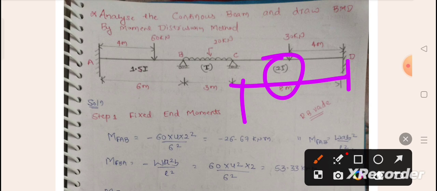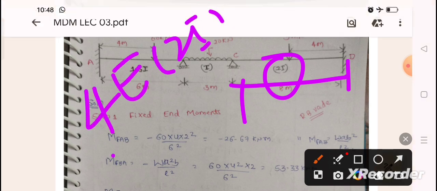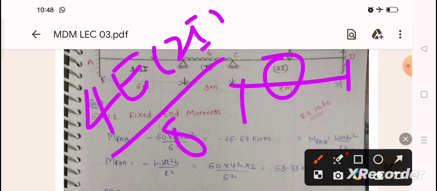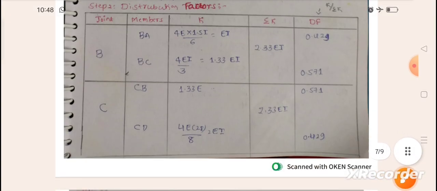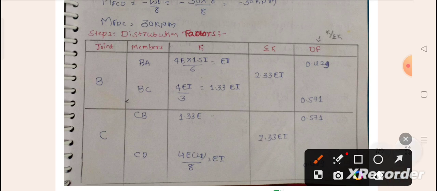I is 2I. So 4E times 2I divided by L, where L is 8 meters. If you solve this, you get this value. Is it okay for everyone? This is okay.